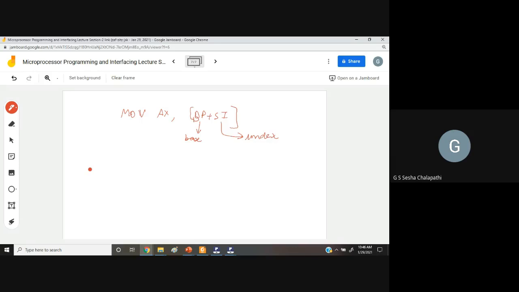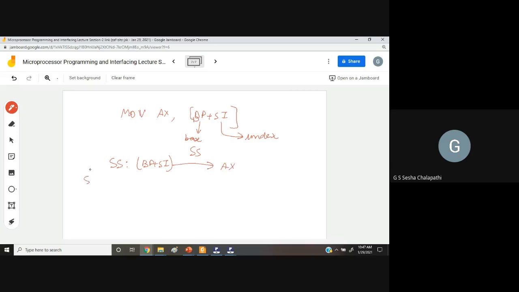Now since BP is the base, this BP will always combine with the stack segment, not the data segment. Therefore after the execution of this instruction, SS colon BP plus SI will provide the memory location, and this data will be moved into AX.